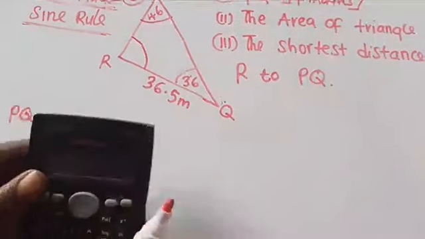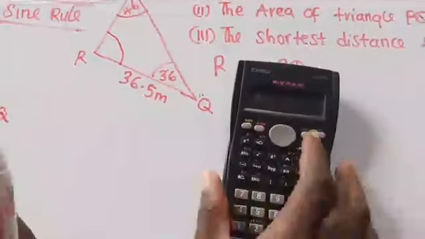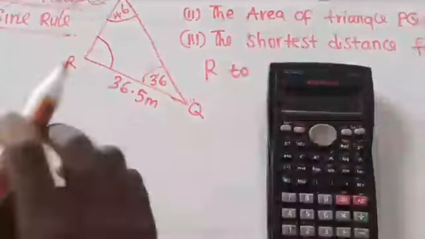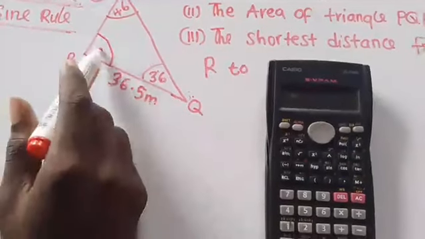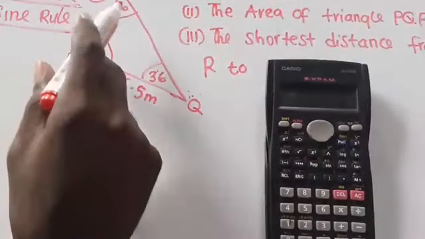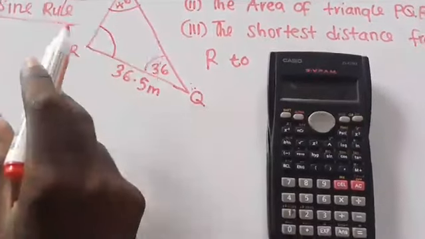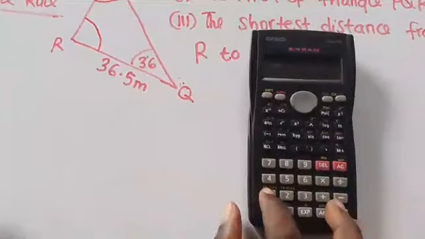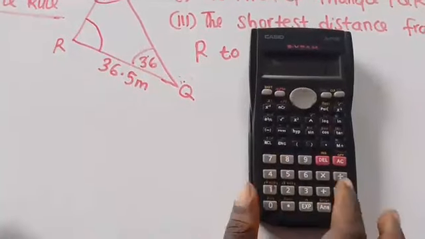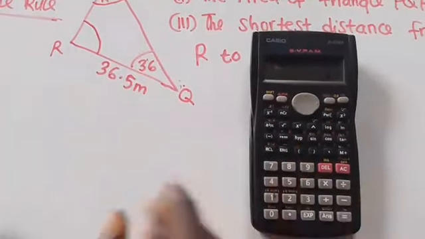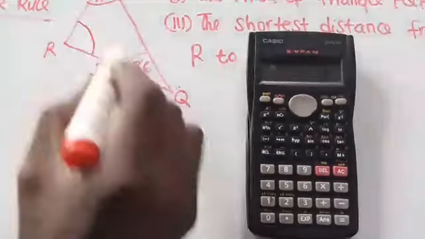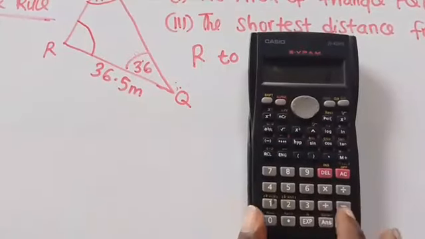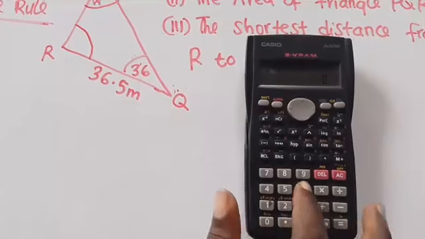So you get your calculator. To find the angle that is here, you know that angles inside the triangle add up to 180. So we are going to say 180 minus, I open the bracket, then I add these two, 46 plus 36.